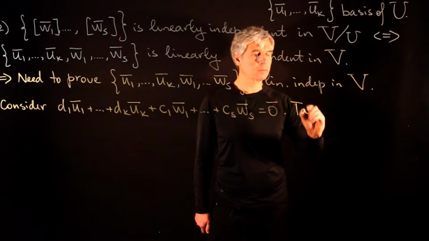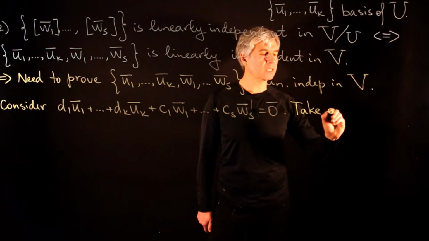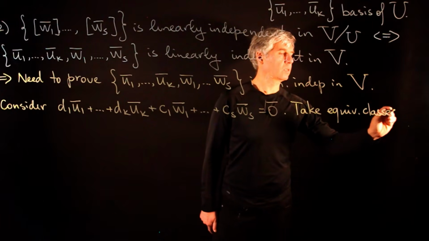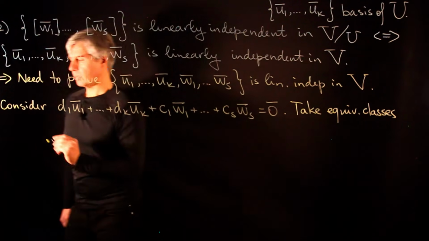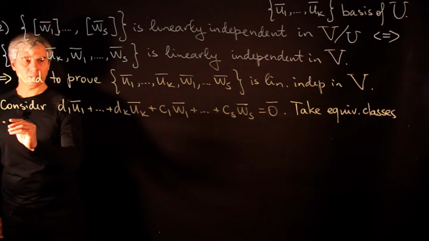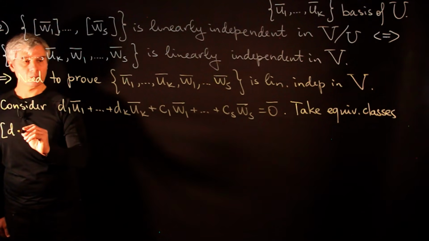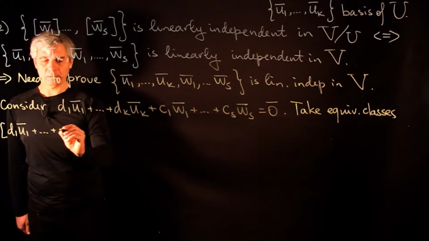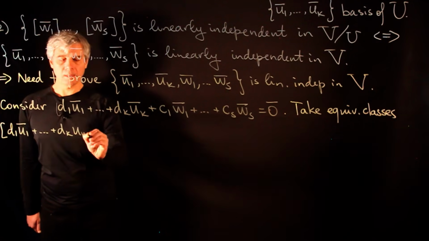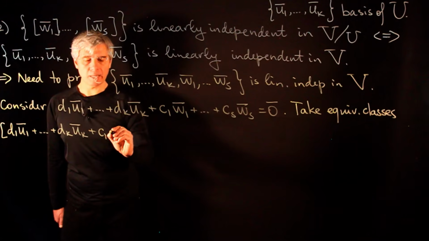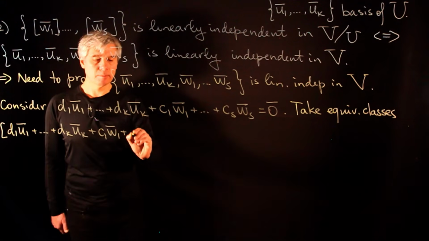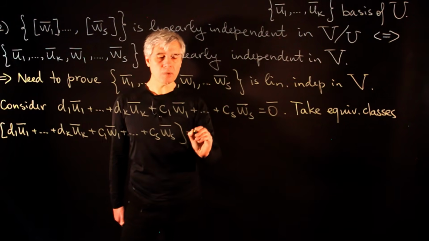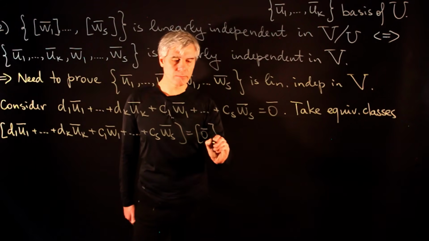Let us take equivalence classes of both sides. So then we get that the equivalence class of D1 U1 plus ... plus Dk Uk plus C1 W1 plus ... plus Cs Ws is equal to the equivalence class of 0.